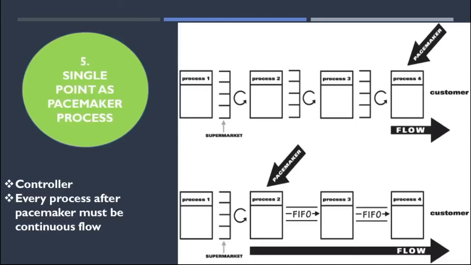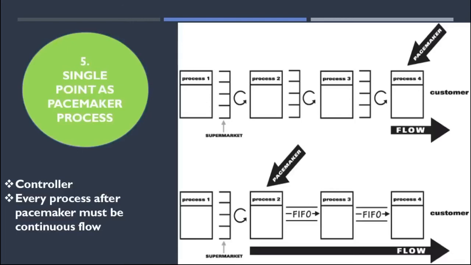As I have already told you, one of the basic guidelines is that every process after the pacemaker needs to be a continuous process. So in the first diagram you can't make process 1 the pacemaker, because after it there is a supermarket, again a supermarket. In the first we can make process 4 the pacemaker because after that there is no supermarket.